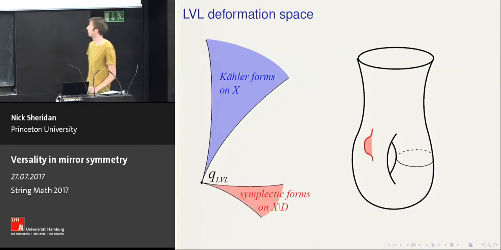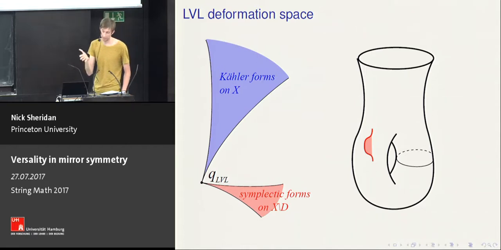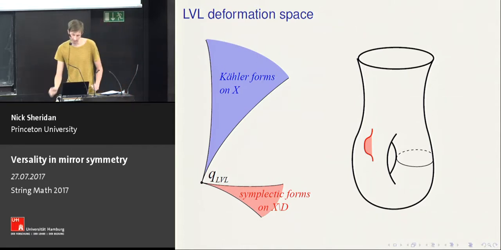But there's also another way of deforming by turning on a symplectic form on X minus D. That's another way of deforming this guy as a symplectic manifold. And in general, these can give different components of the deformation space.